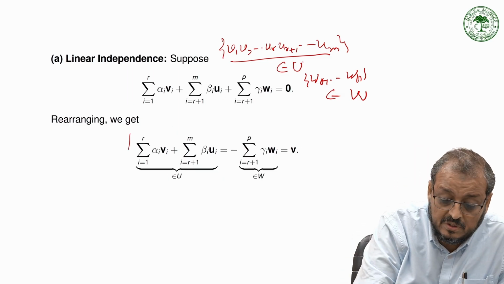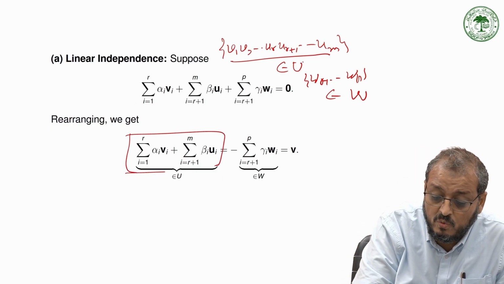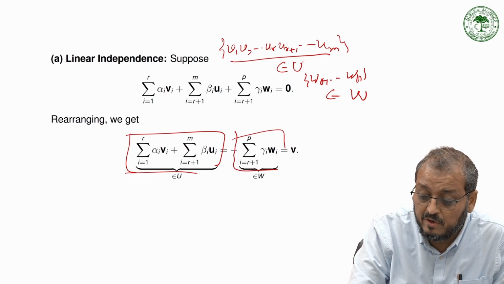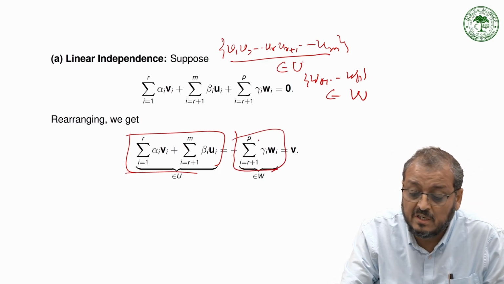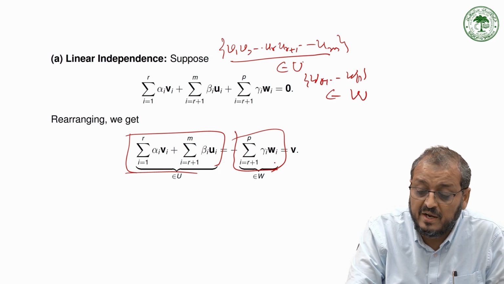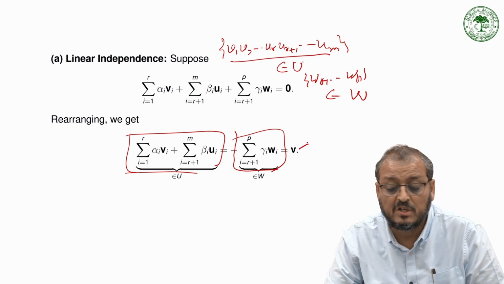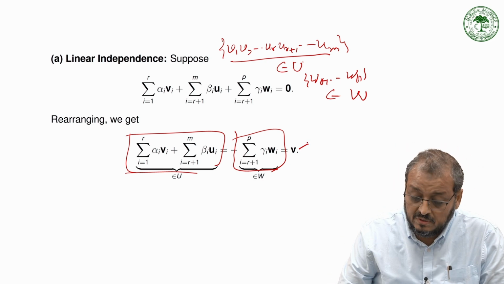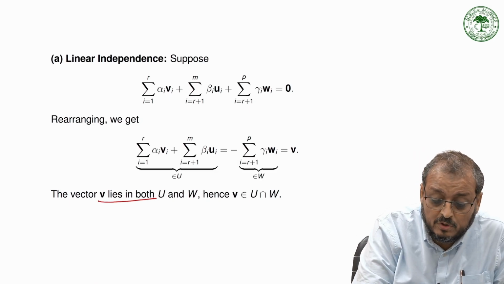So this sum is an element of U, and these are elements of W, and this is equal to v, because v lies in both U and W.